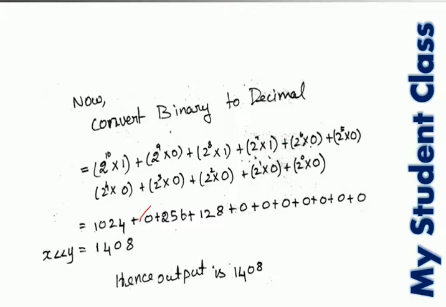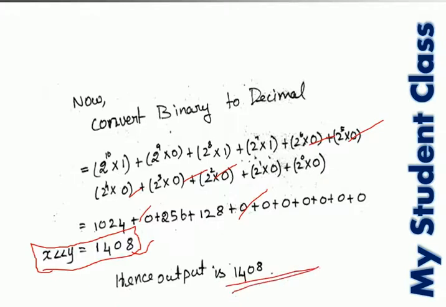The rest are multiplied with 0, so they are written as 0. Now we add these, and we get the value 1408. So this is our left shift value. This is the mathematical calculation behind the left shift operator, and we get the output 1408.